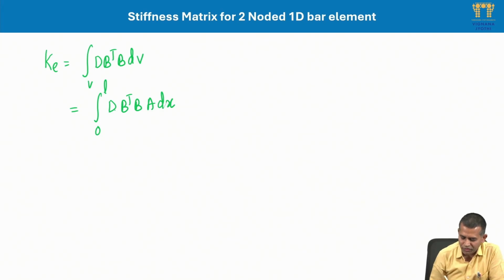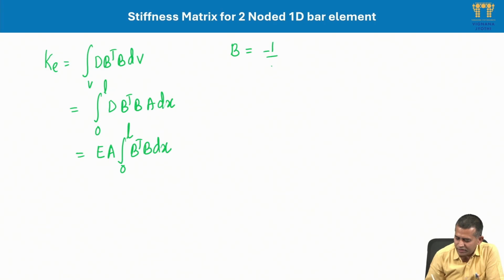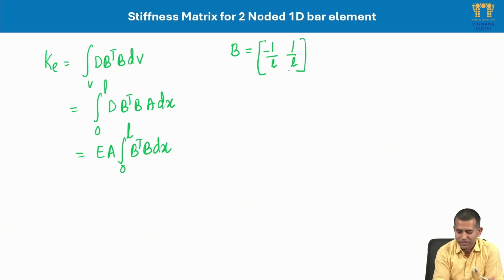And if it is 1 dimensional, I said this material property matrix D will become E. A also comes out, and we have the integral from 0 to L of B transpose B dx. And we already derived the strain displacement matrix B, if you remember. That we wrote as minus 1 by L, 1 by L. That is our strain displacement matrix.